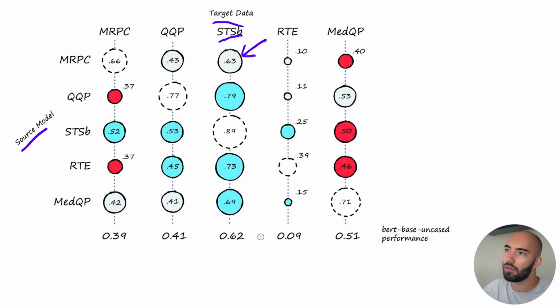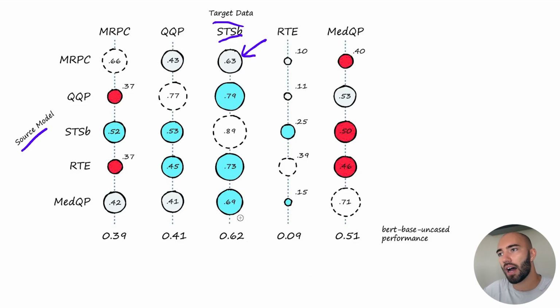But what I really want to focus on here is the BERT based on case performance as a benchmark, because this is what you would get if you didn't have any training data, or which we don't have any target domain training data. Instead, we're using this AugSBERT training strategy to train from the source data set.